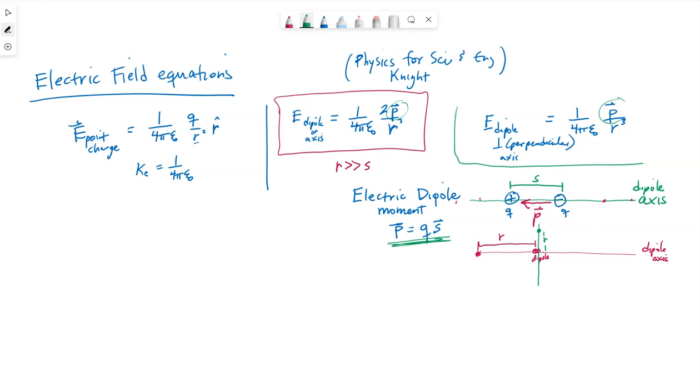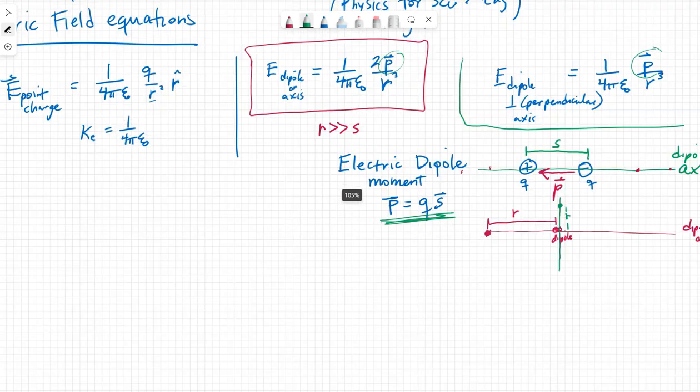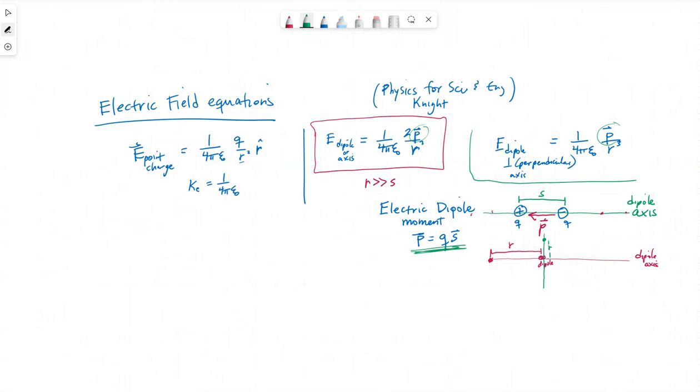In both cases, we're assuming we've zoomed out far enough that the charges are essentially touching. They're not really touching. We've just zoomed out far enough that those charges appear to be on top of each other, to appear to be at the same point.